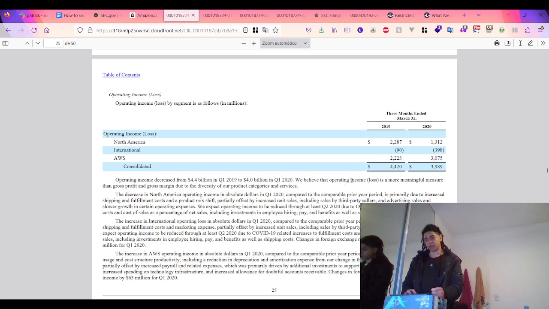We believe that operating income is a more meaningful measure than gross profit and gross margin, due to the diversity of our product categories and services. The decrease in North America operating income is in absolute dollars in Q1 2020 compared to the comparable prior year.